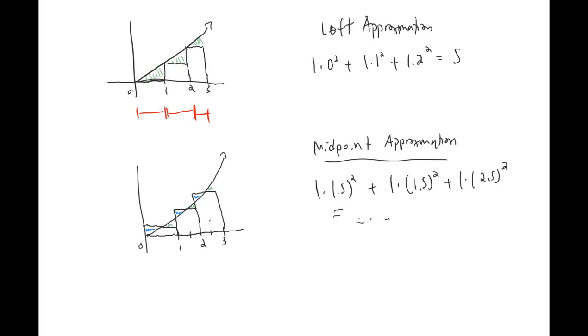Okay, so now that we get the rules, the next thing that might be helpful for your homework is, what if it's not as nice of a division, right? How would you find it? So let's say, for example, I wanted 4 rectangles from 0 to 3. What would the width be?